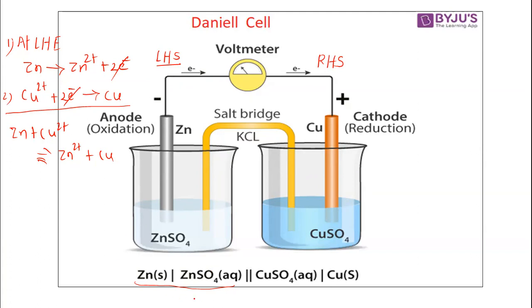This is the representation of the Daniell cell: zinc half cell, copper half cell. The zinc electrode has negative polarity because electrons are released here, and the copper electrode has positive polarity because electrons are added here. In this way, we have explained this type of galvanic cell, the Daniell cell.